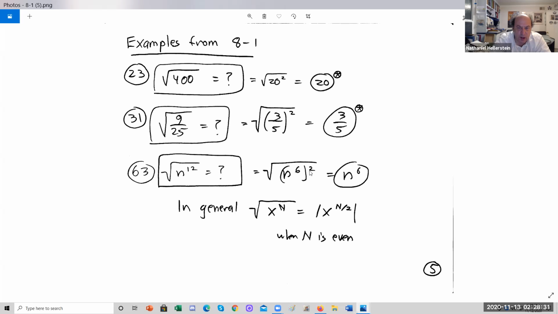And the square root of a square cancels, and we're left with n to the 6th. In general, the square root of an nth power is x to half that power, with absolute values if there are assignment issues, say if n is odd or if x is negative. Anyhow, square root of x to the n is x to the n halves. So in a sense, and we will make this literal later, a square root is a 1/2 power.